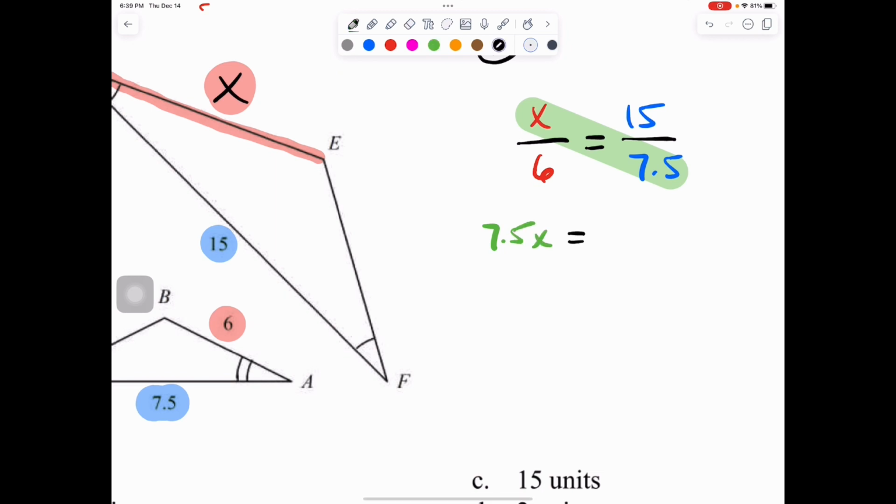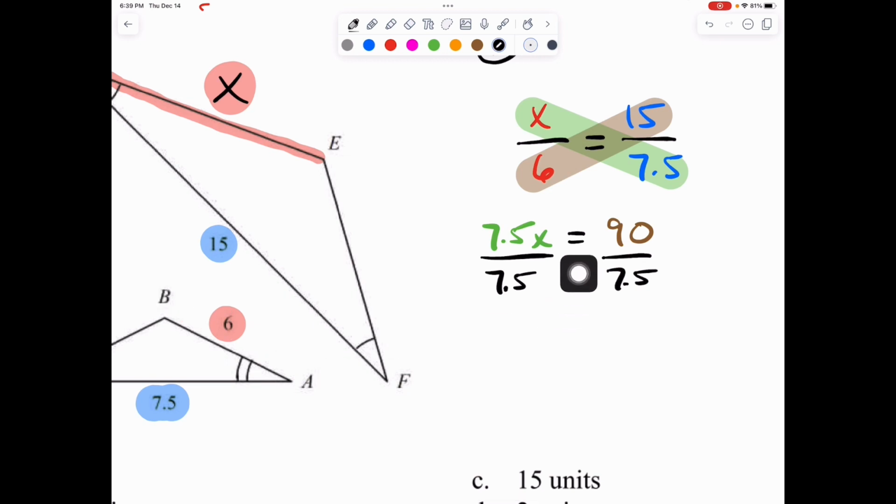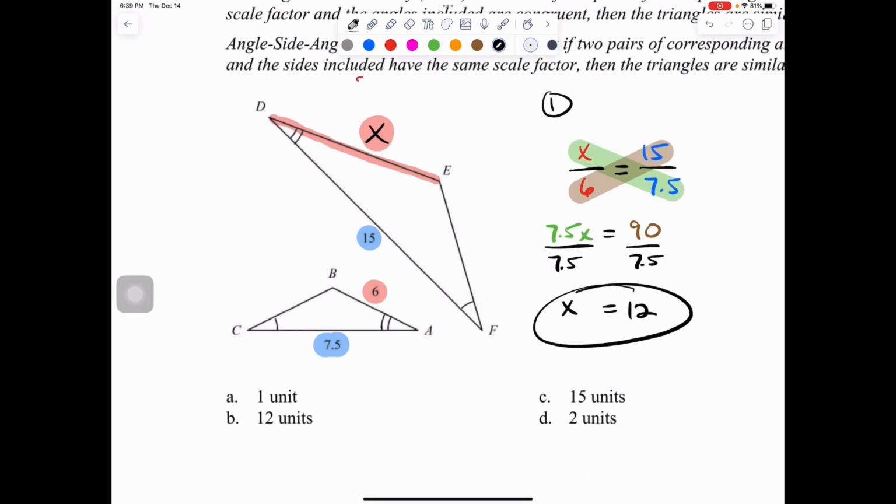We will set that equal to 6 times 15, which equals 90. Great job. Then from here, all we are going to do is simply divide by 7.5. What we do to one side, we do to the other. We see that equal sign, we know we have an equation. If we do the math correctly, X equals 12, giving us our side length.